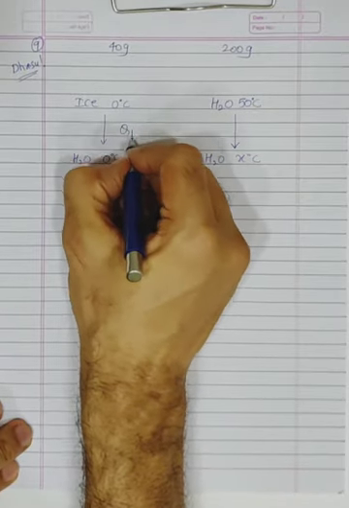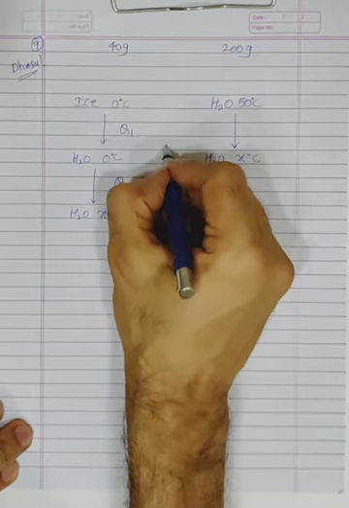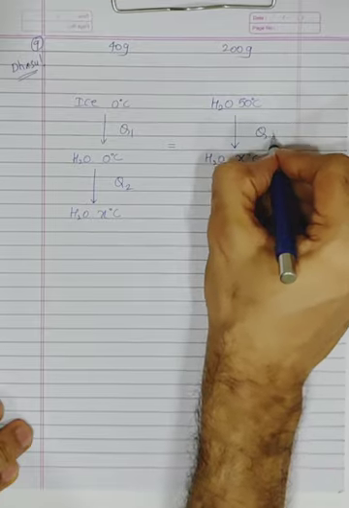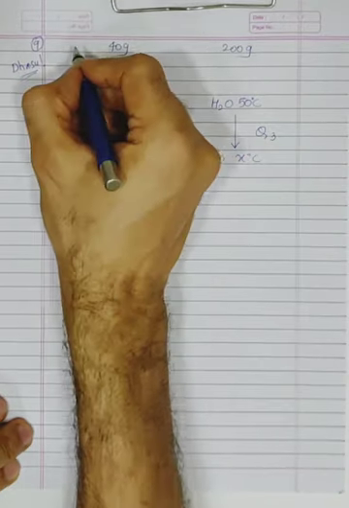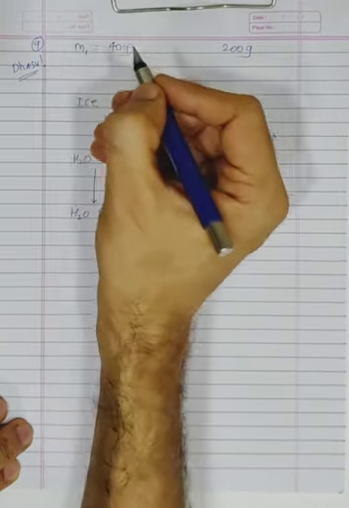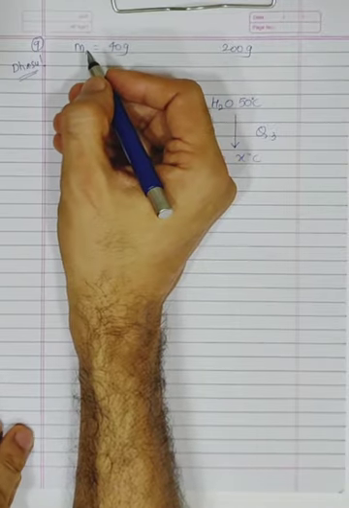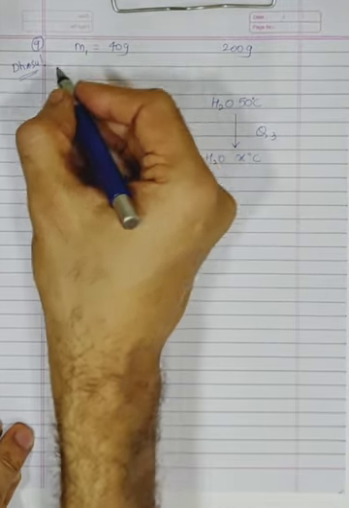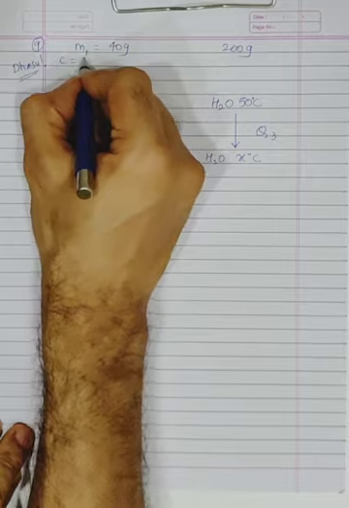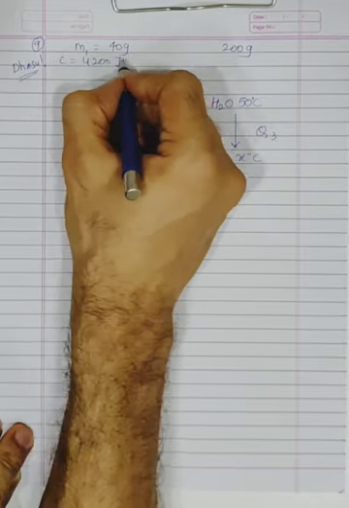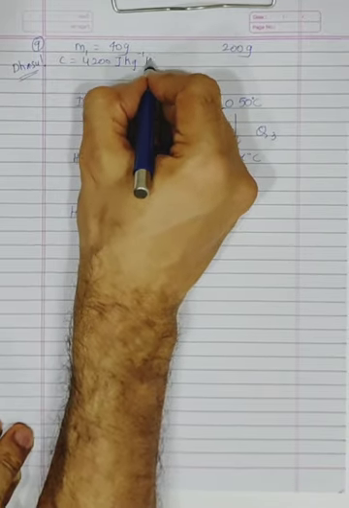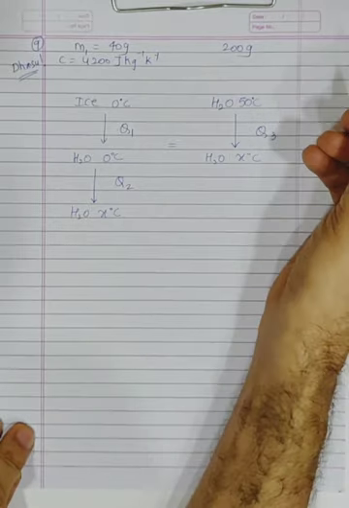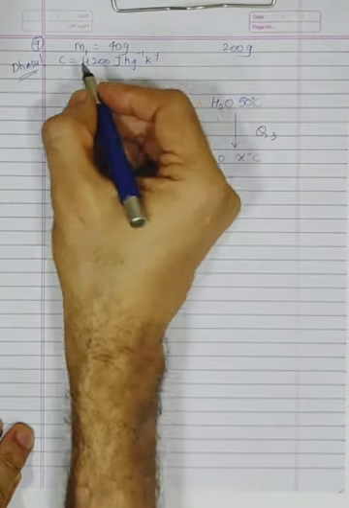That Q1 plus Q2 will be equal to Q3. So you are given the mass of ice is 40 gram. You are given what else data? You are given C is equal to 4200 joule per kg per Kelvin. And you are given L also.